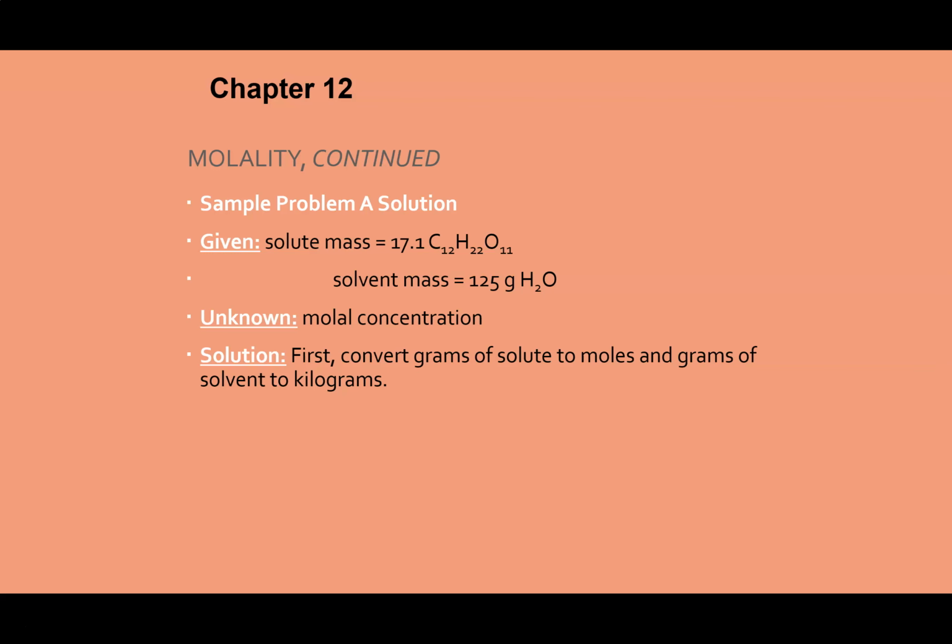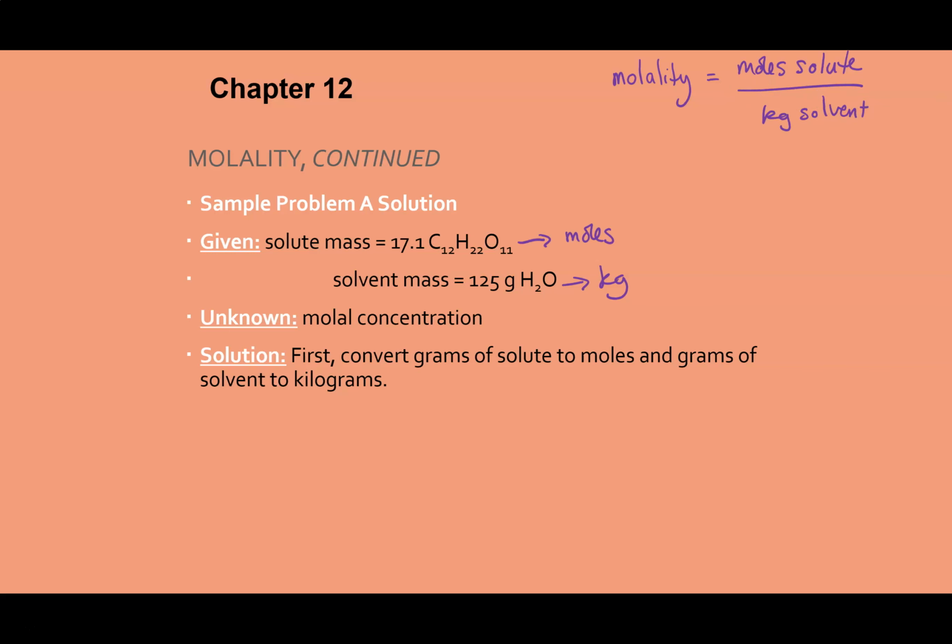So the first thing we're going to do is convert the grams of solute that were given to moles and the grams of the solvent to kilograms. So this one we want in moles, and this one we want in kilograms. In order to do that, again, I'm going to put molality equals moles of solute over kilograms of solvent.